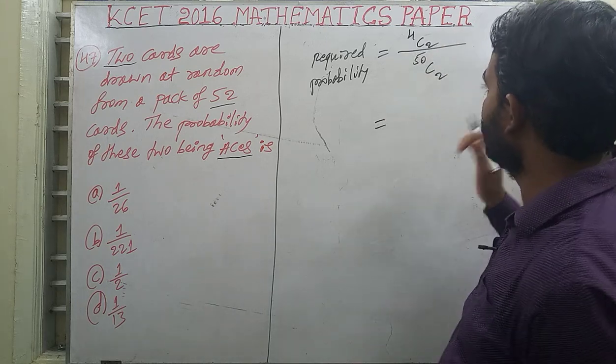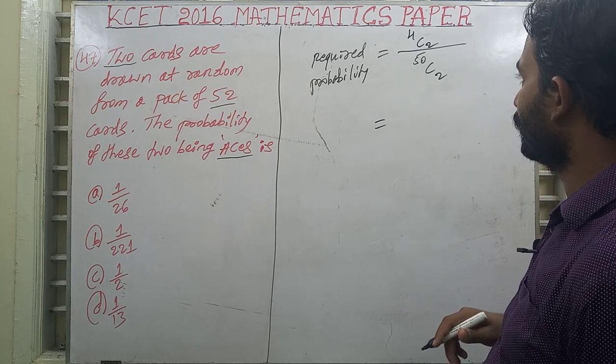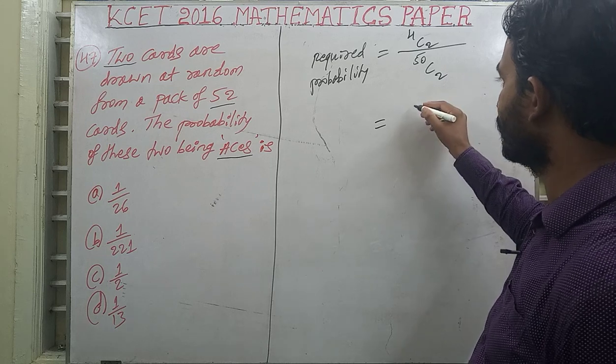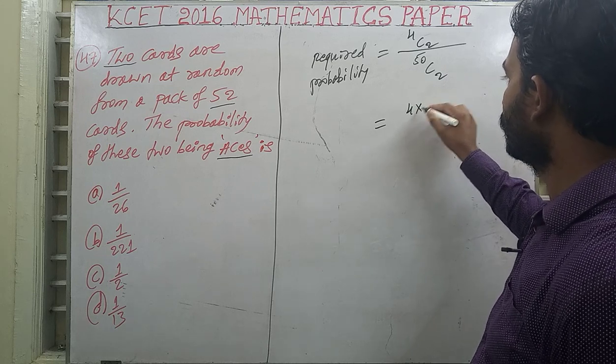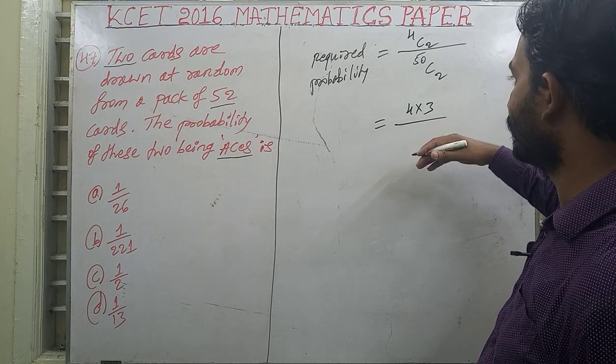4 C2 is nothing but what? 4 factorial divided by 4 minus 2 factorial times 2 factorial, which is 4 into 3 divided by 2 factorial. And 52 C2 is 52 factorial divided by 52 minus 2 factorial, 50 factorial, times 2 factorial. The 50 factorials get cancelled, and again the 2 factorials cancel in numerator and denominator.